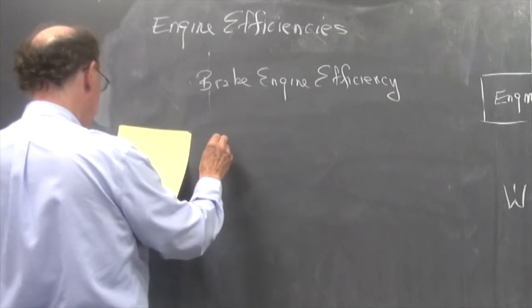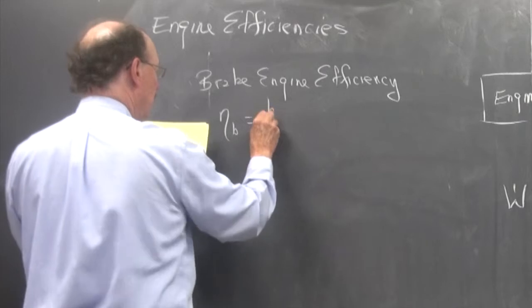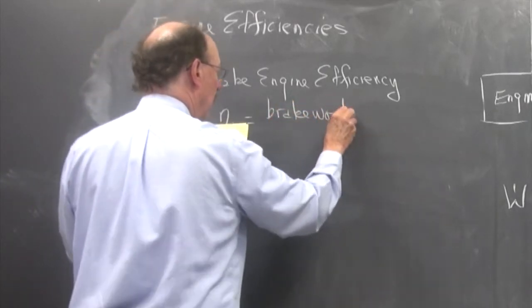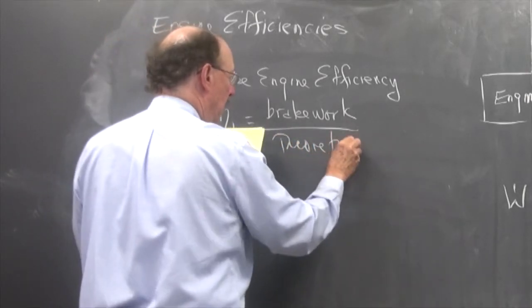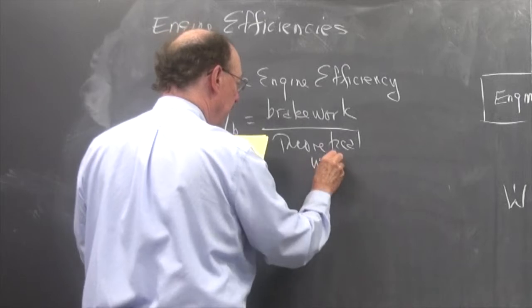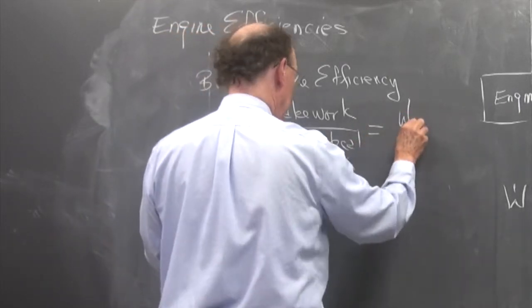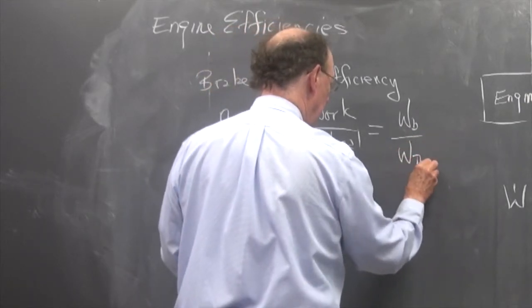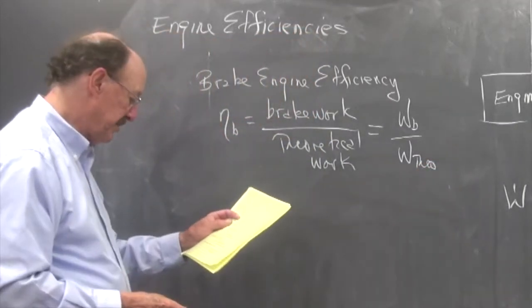And so this is eta sub B, and this is the brake work over the theoretical. So I have W dot B over W theoretical. And obviously these can be on a time basis as well.